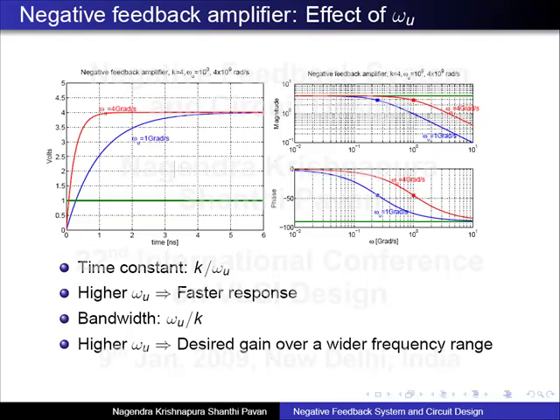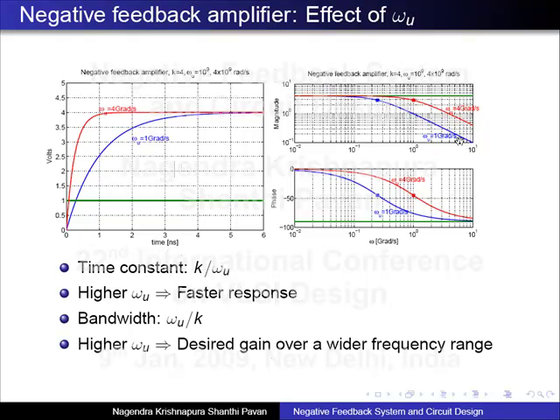What do you see in the frequency domain? The upper plot is showing the gain magnitude, and this dirty green line should be the gain. It should be 4 for all frequencies, but we know we can't have it. If I make this amplifier of gain 4 with an integrator whose omega u is 1 gigaradians per second, it's constant up to here and then it falls off.